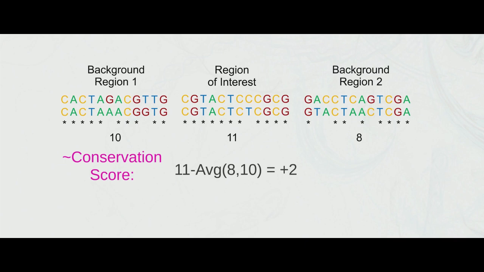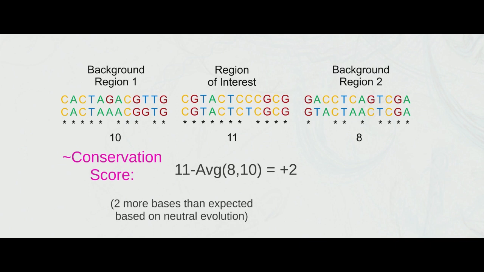There might be some other factors thrown in there, but approximately, we've got 11 identities here, and then we'll take the average of similarly sized regions. All these regions have 12, so the denominator doesn't really matter. So we'll average 8 and 10 together. So 11 minus 9 equals positive 2, meaning that our region of interest has 2 more identical bases than you'd expect from neutral evolution.